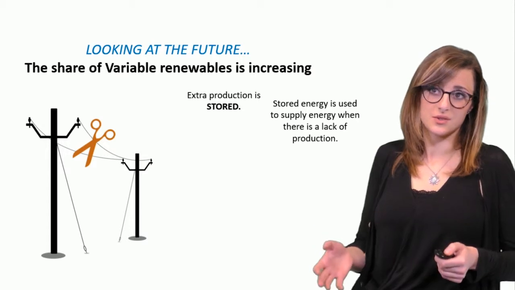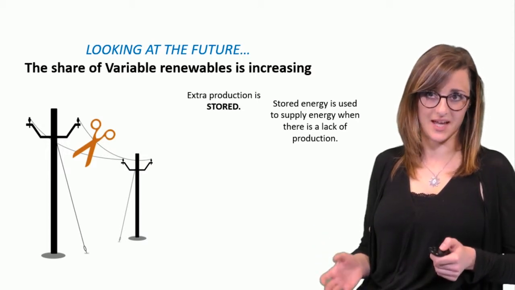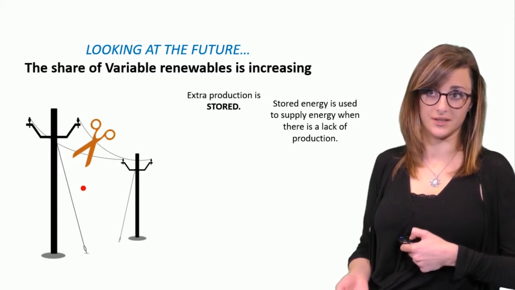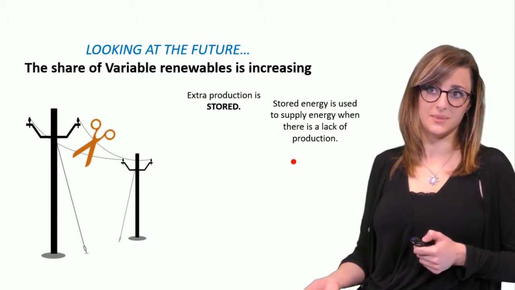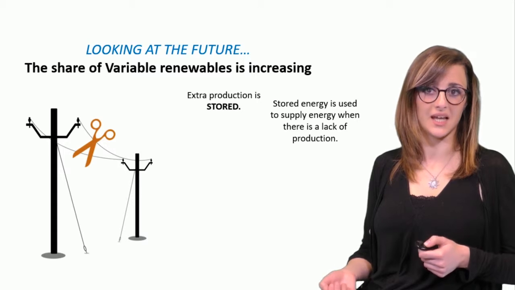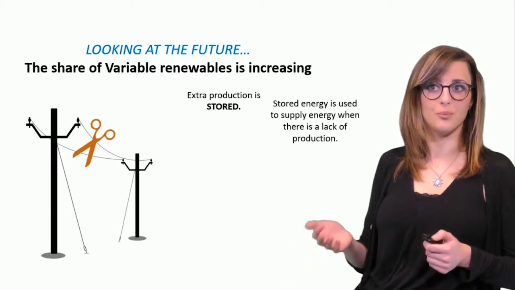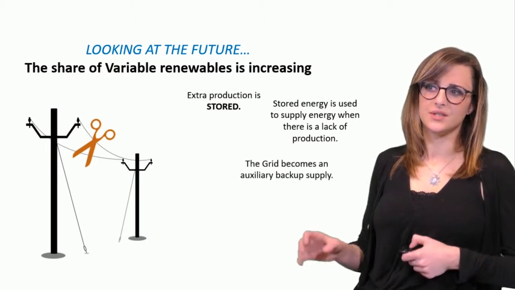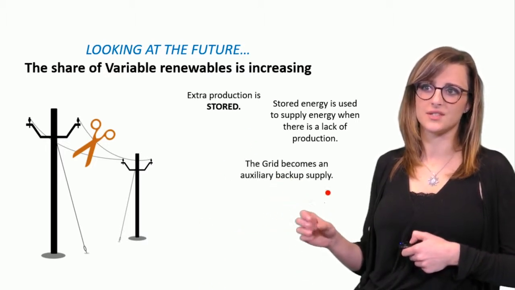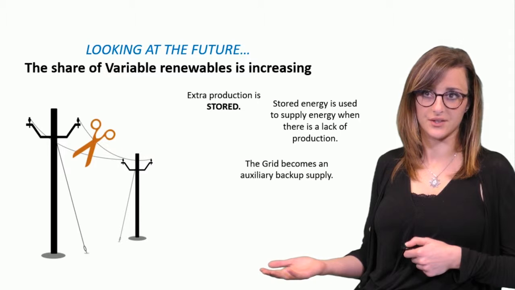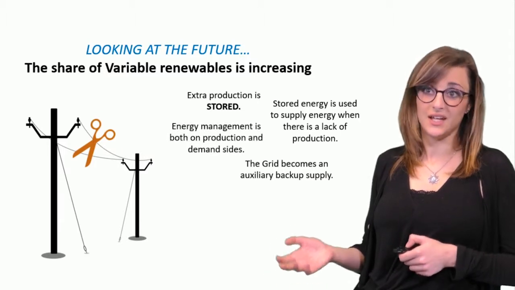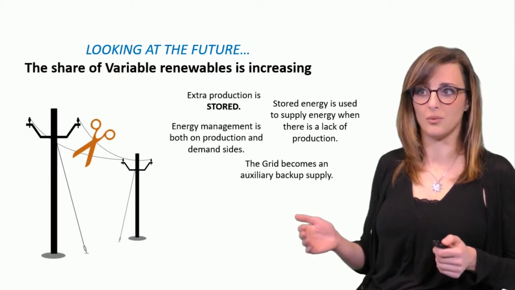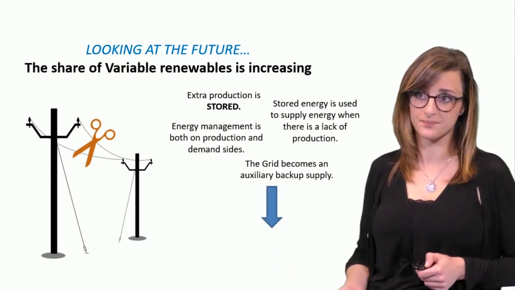And this stored energy is less volatile than electricity that is flowing in the grid, and it can be taken back when there is a lack of production compared to the user demand for energy. So the grid in this scenario is just an auxiliary backup supplier, and the energy management can be done both on production and demand sides.